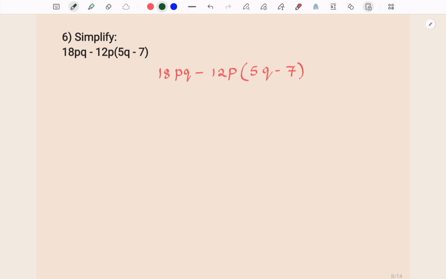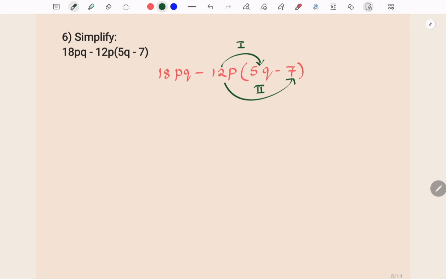So this minus 12p will be multiplied by 5q, and it will also be multiplied with minus 7. So here we have two different multiplications.